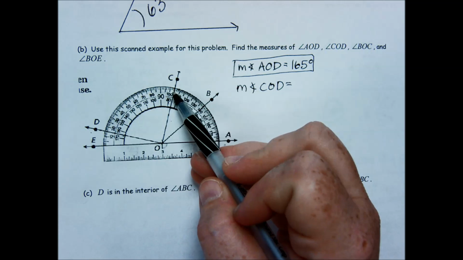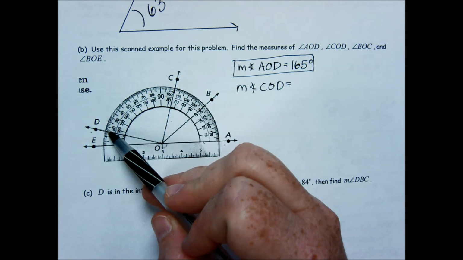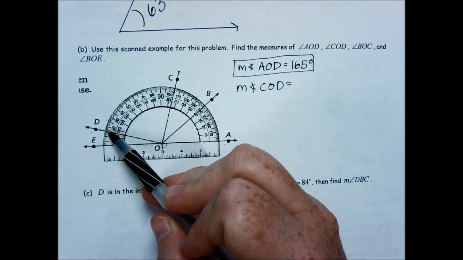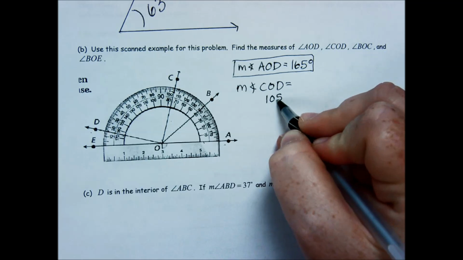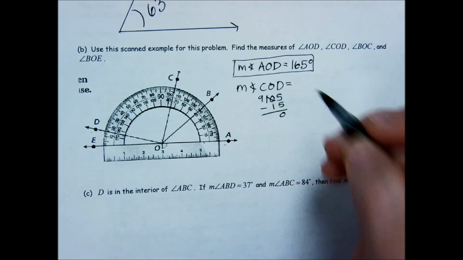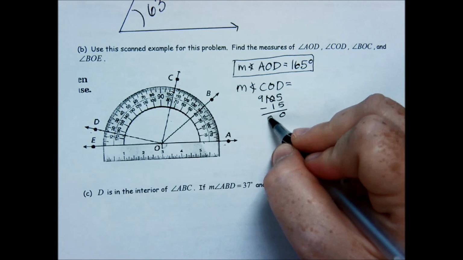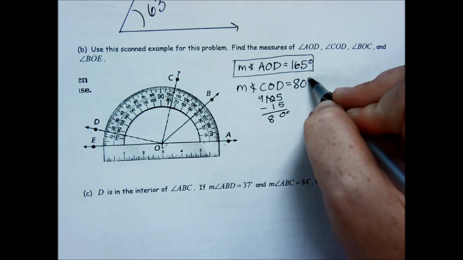So it's going from 105 down to 15. So I'll have to figure out how many degrees is between 105 and 15. So 105 minus 15 gives me 80 degrees. So the measure of angle COD would be 80 degrees.